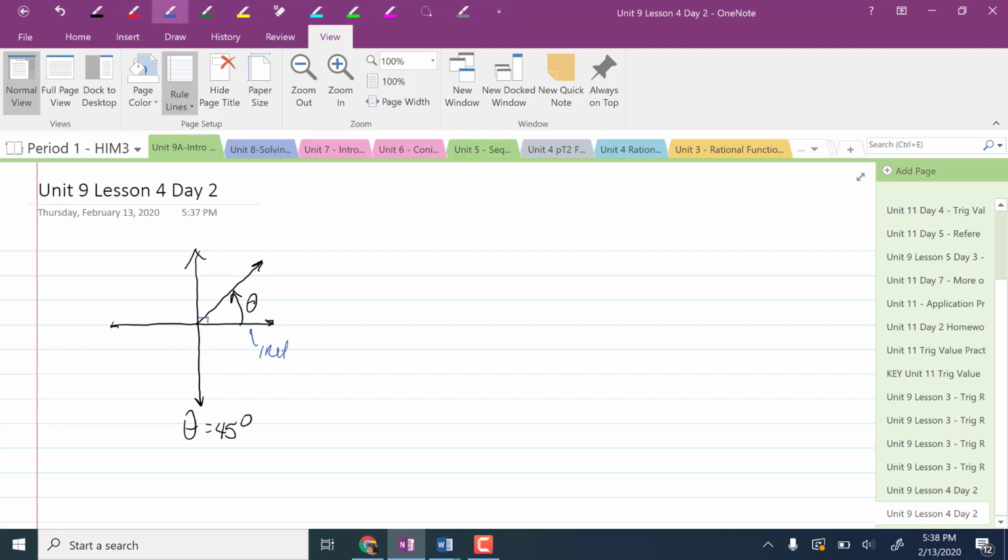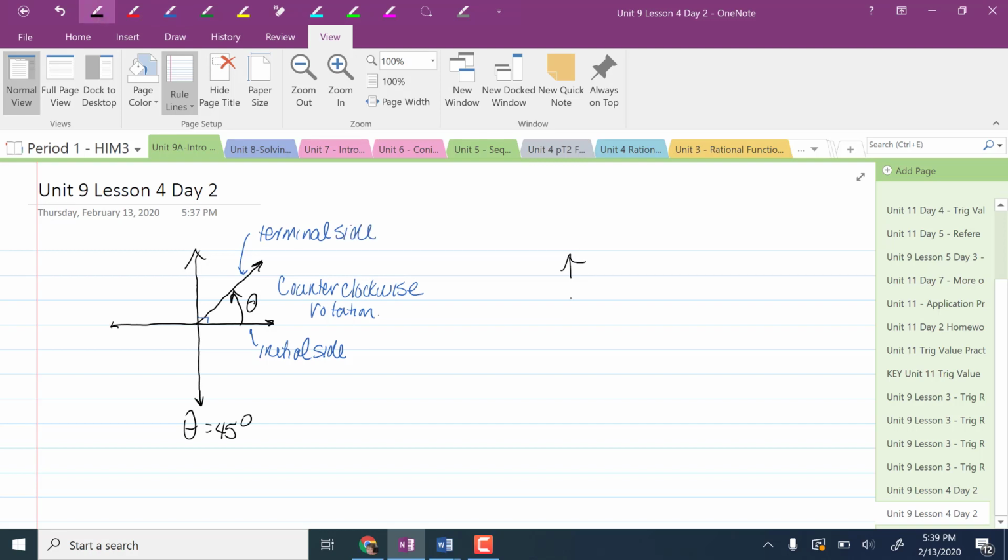This is our initial side, and this is our counterclockwise rotation, and then there's our terminal side.